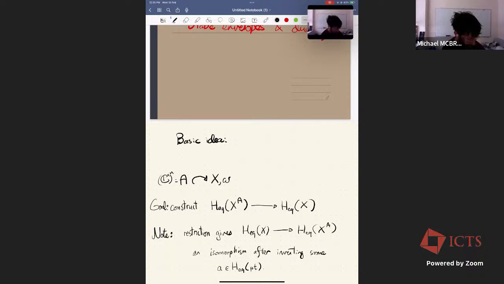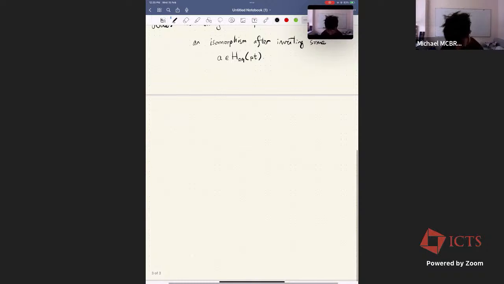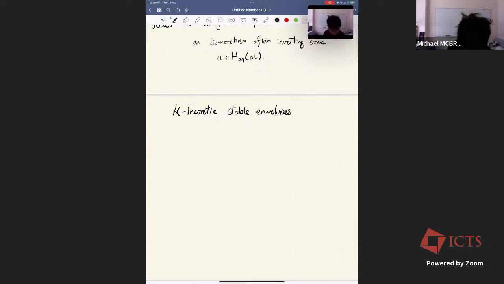So you can do this in cohomology, but actually we're going to do it in K-theory first, and then in elliptic cohomology. And this theory is basically due to Maulik and Okounkov.